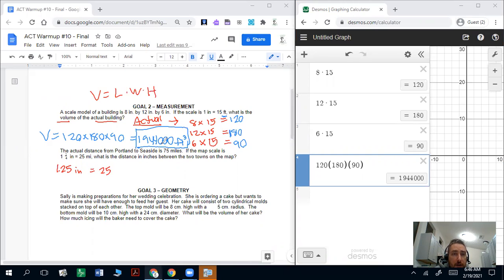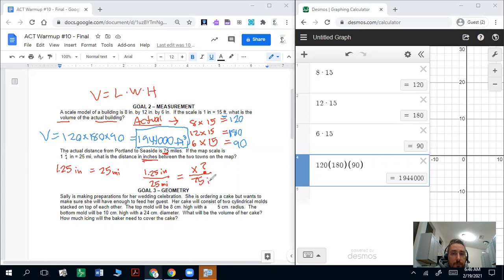In this case, if I know that the actual distance is 75 miles and I want to know the distance in inches, I'm going to set up a proportion. So I'm going to say 1.25 inches is to 25 miles as whatever amount of inches we're trying to find is to 75 miles.